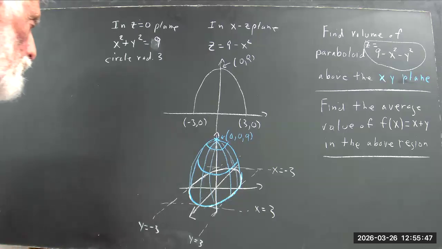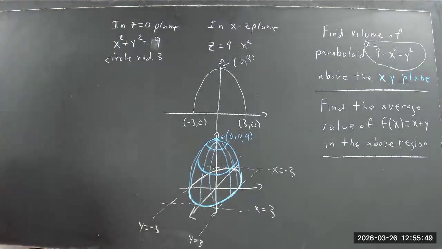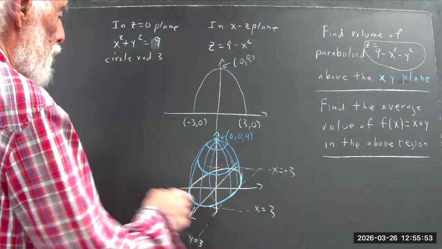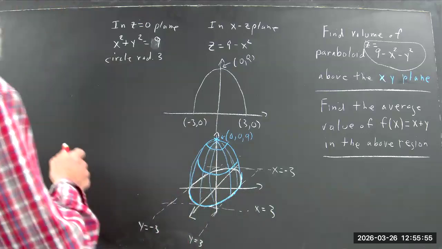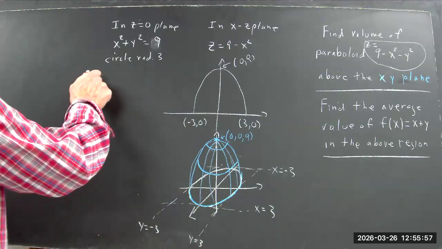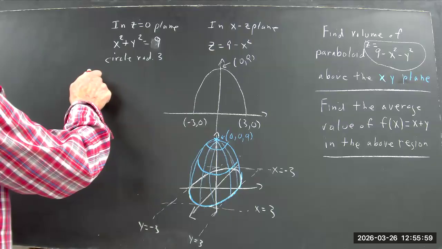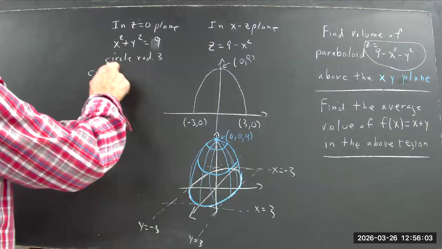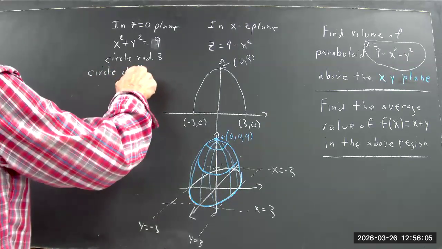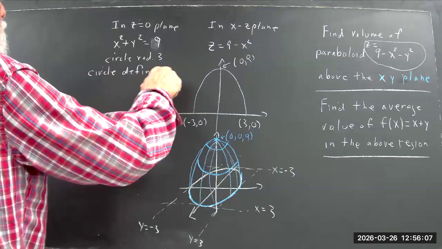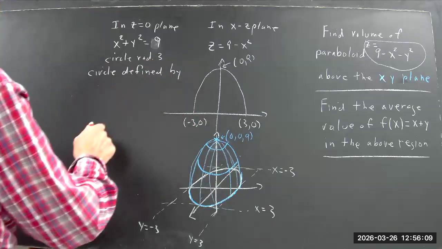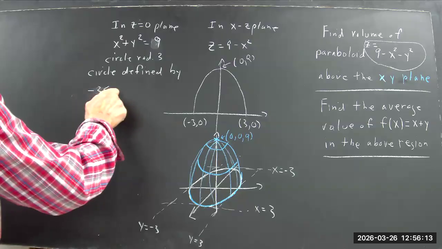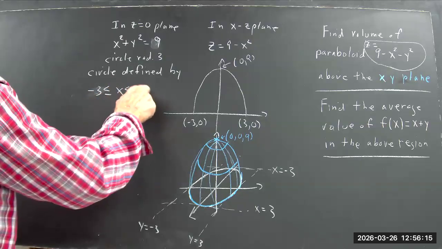Now, it should be very clear that this circle down here in the xy plane is defined by -3 ≤ x ≤ 3.